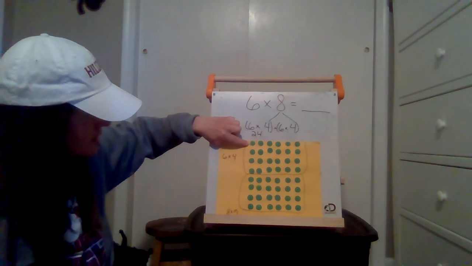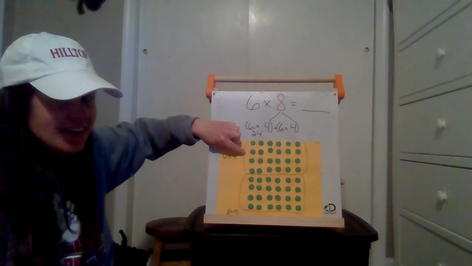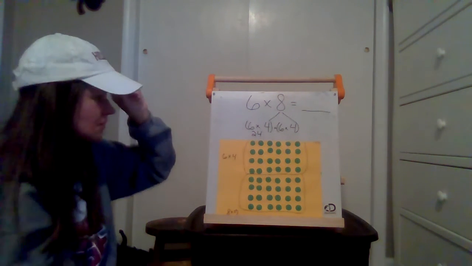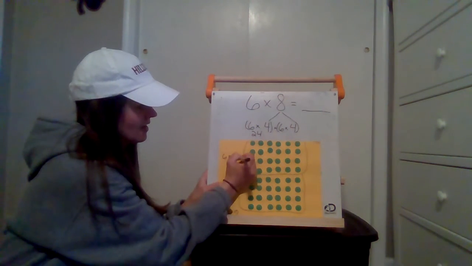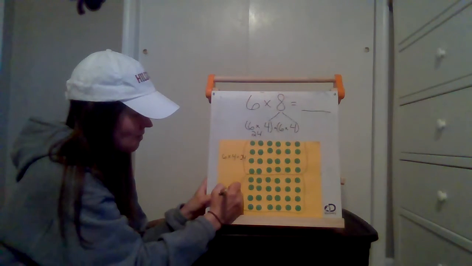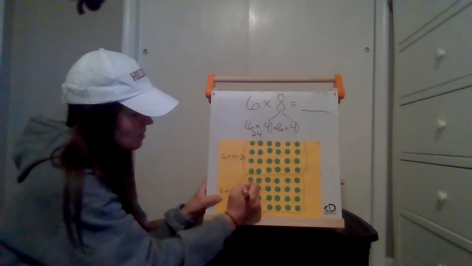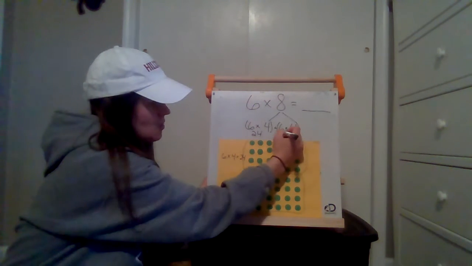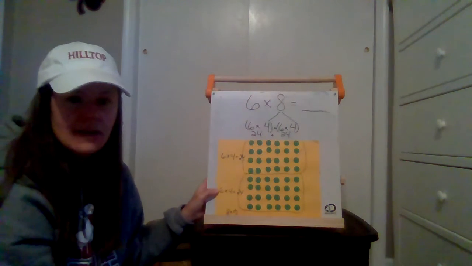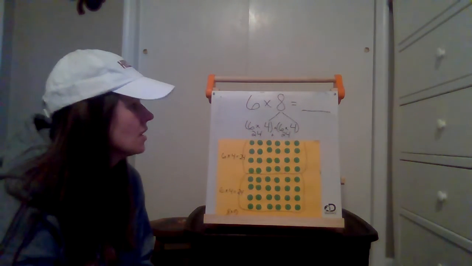So I have 6, 12, what would 6 more be? 18, and then 24. So if 6 times 4 is 24 here, I know that another group of 6 times 4 is also going to be 24.